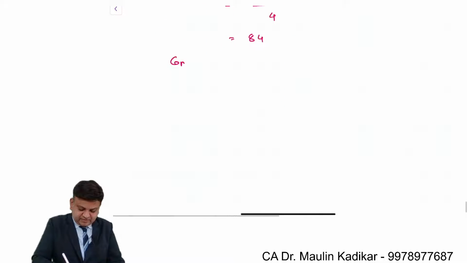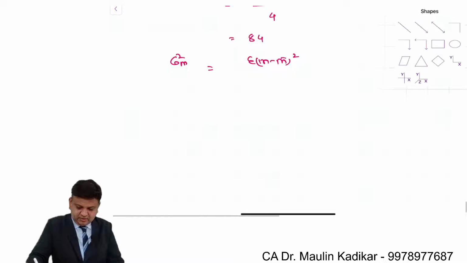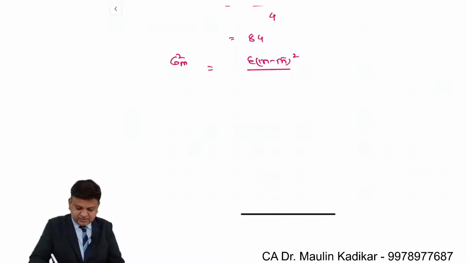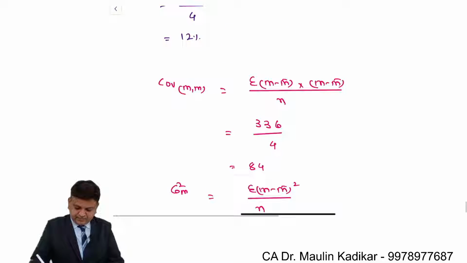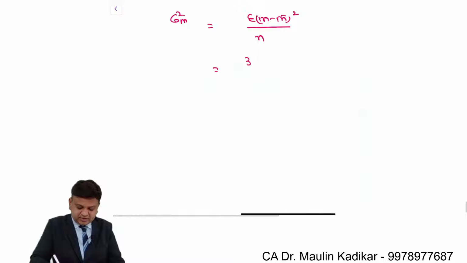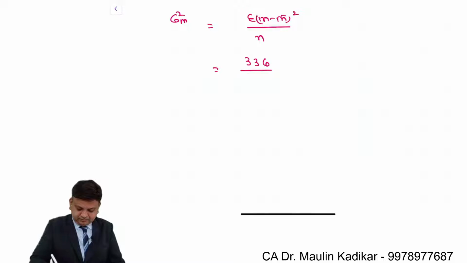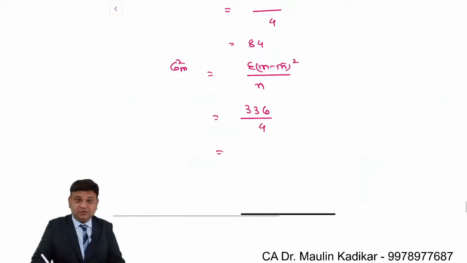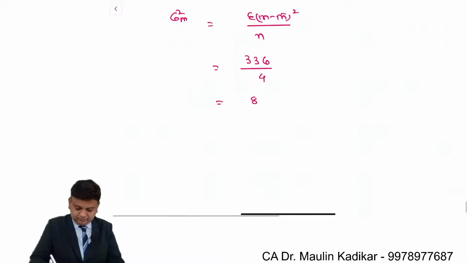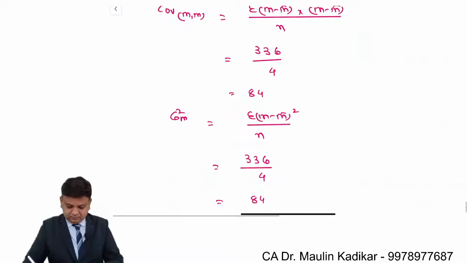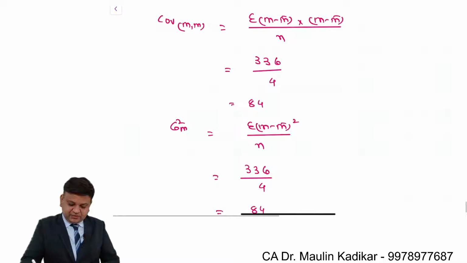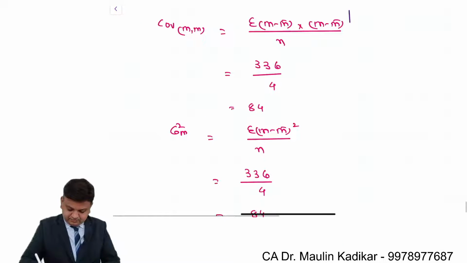Next is the variance of the market portfolio. Summation M minus M bar whole square divided by number of years once again. And that is of course again 336 divided by 4. That comes to 84. So using this information, we can make the computation of the beta.